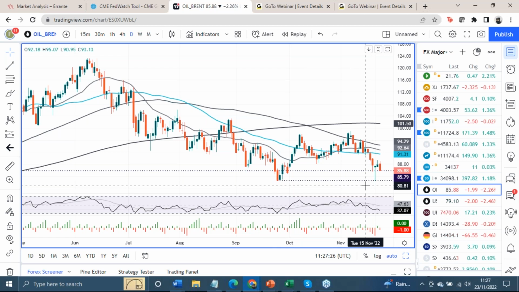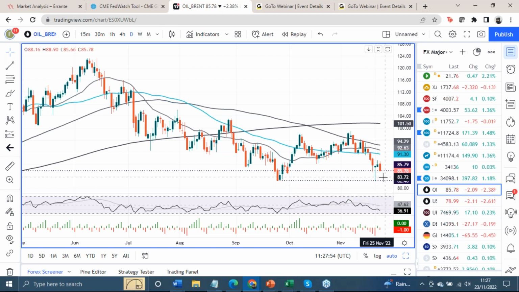But then we had this real strong candlestick. You can see a hammer candle, which is where we trade much lower than the opening, but then we rally during the session and we close pretty much where we opened. So a strong rejection of those lower prices at the start of this week.